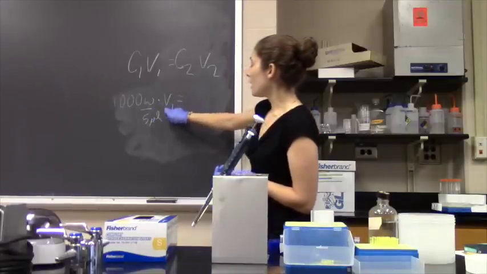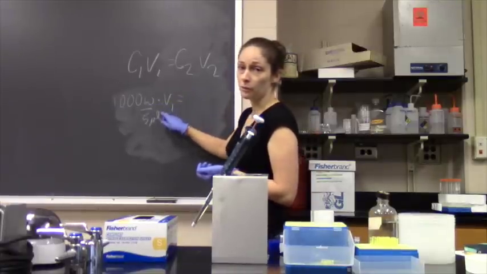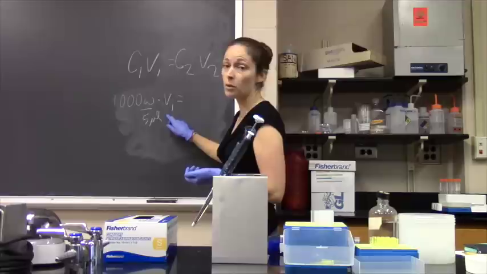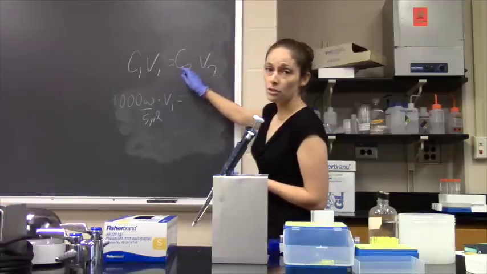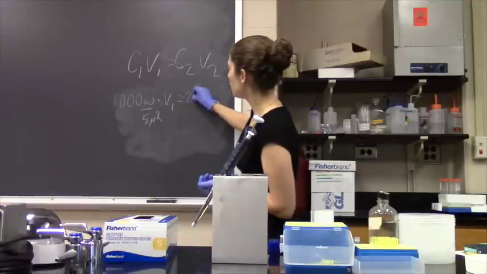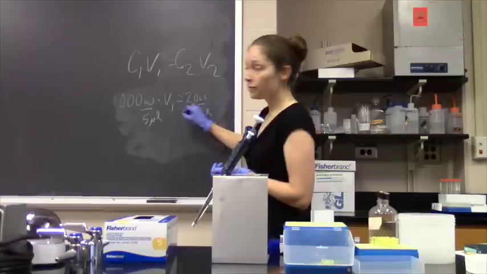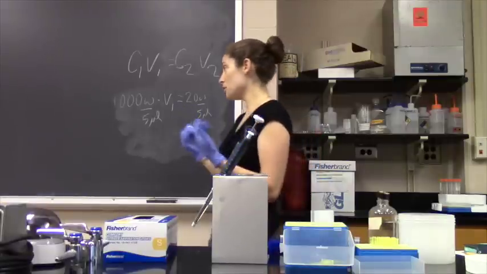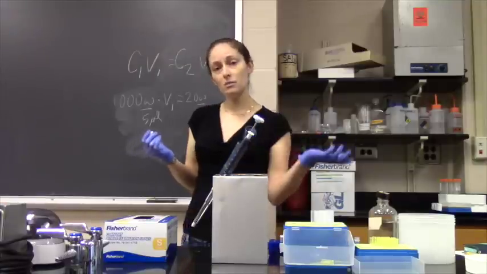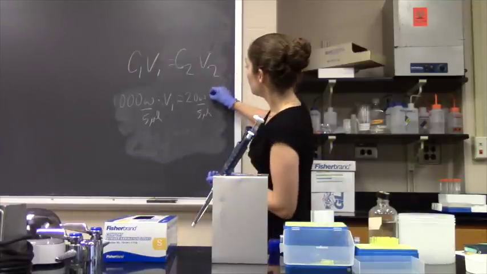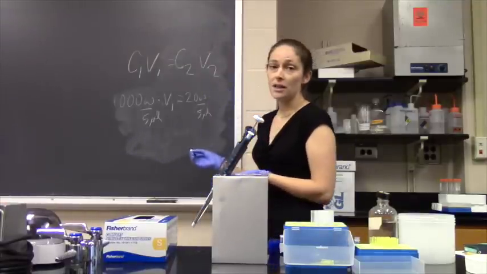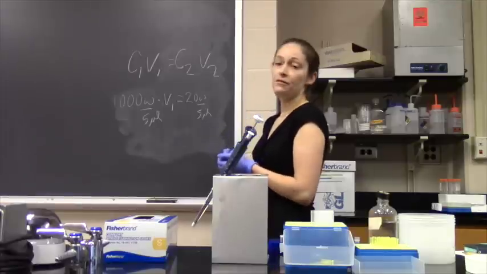Well, I don't know how much of this initial thing I'm going to want. So let's just put V1 in. Our final concentration, let's say I would like it to be 20 worms in 5 microliters. That way, it's super easy for me. Just take 5 microliters, pipette it, and I'm good. And let's say I need to do this for 50 plates.